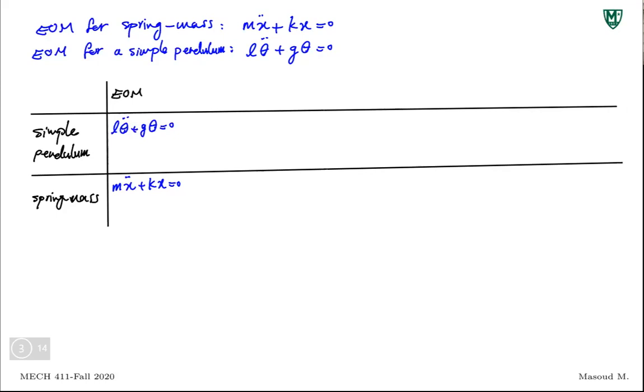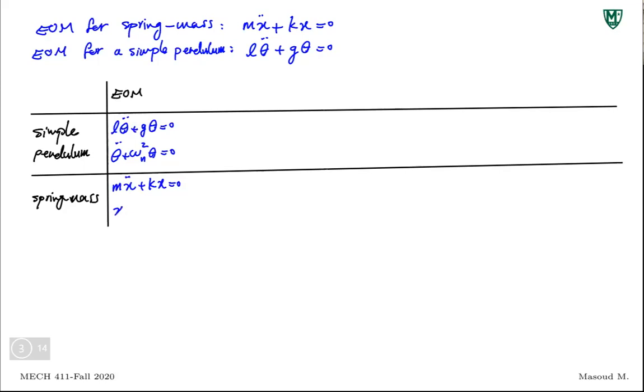Now, we can divide both sides. Do remember I rewrote this in a way that I could use natural frequency in the equation directly. If you divide this by L, then we'll get theta double dot plus omega n squared theta is equal to 0.